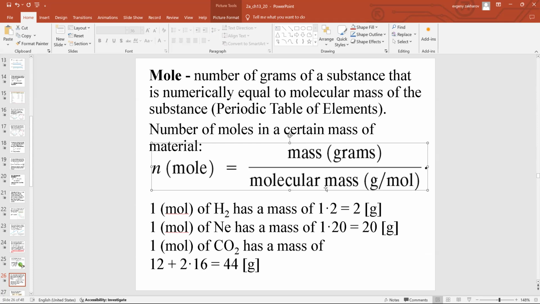So now we have to introduce the chemistry of the process as well. You can see that mole is the ratio between the actual mass in grams, be careful, grams, not kilograms, and the molecular mass that you find in the periodic table, grams per mole.